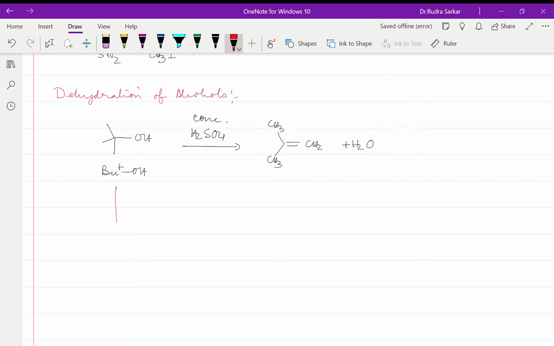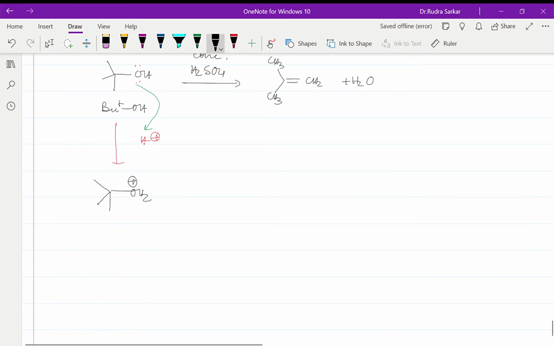So out here one has to think that whenever an acid is given and there is an OH group, as I have told you before, protonation of the OH will take place. What happens when the OH group gets protonated?